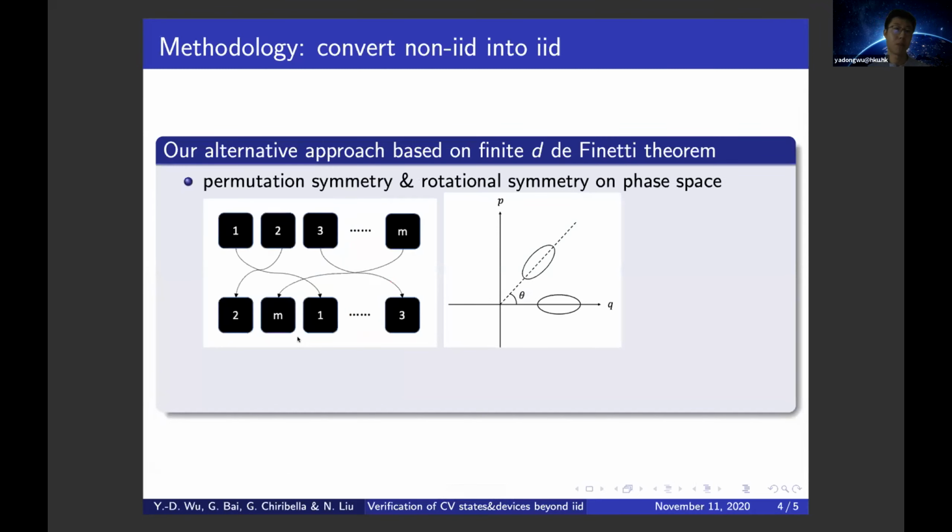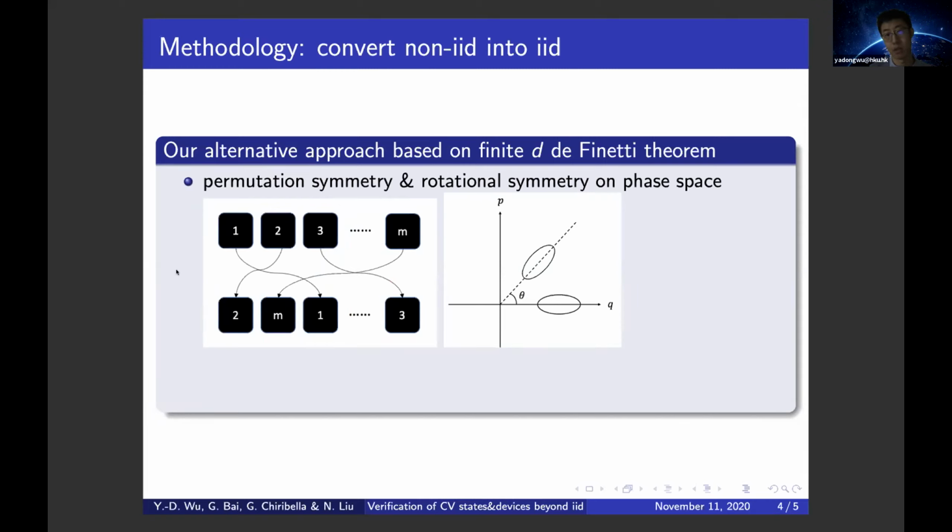So here we propose our own alternative approach for our own purpose. It's based on the finite dimensional de Finetti theorem. We employ both permutation symmetry and rotational symmetry on phase space. Permutation symmetry is easily achieved by putting your subsystems in a random order.